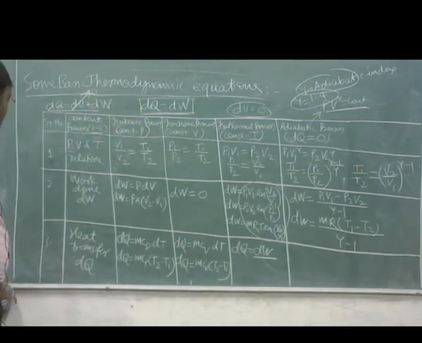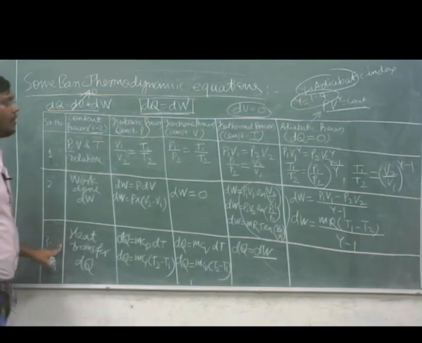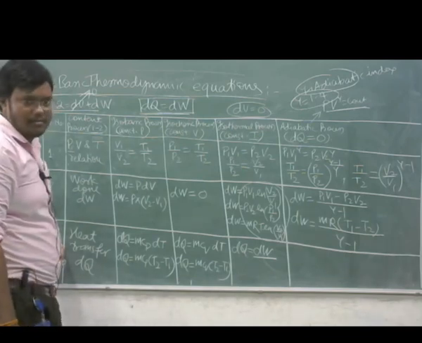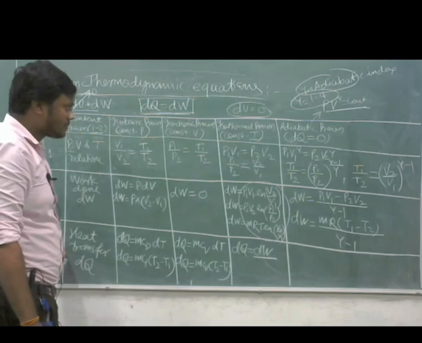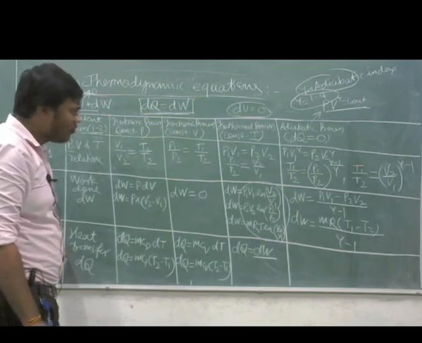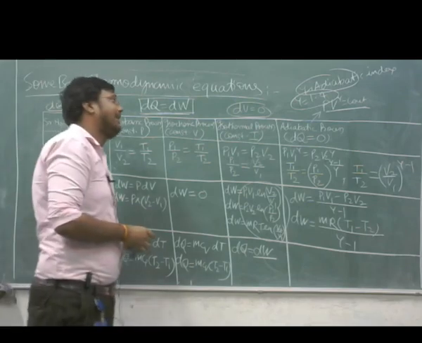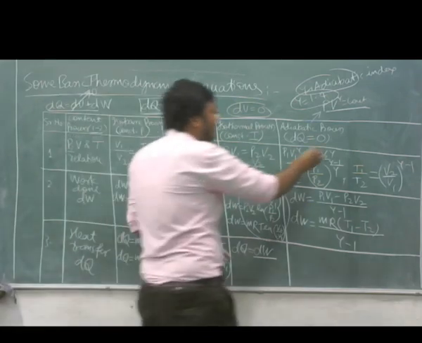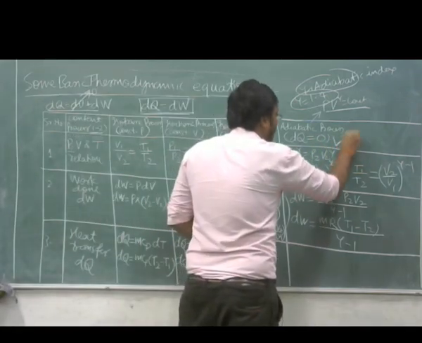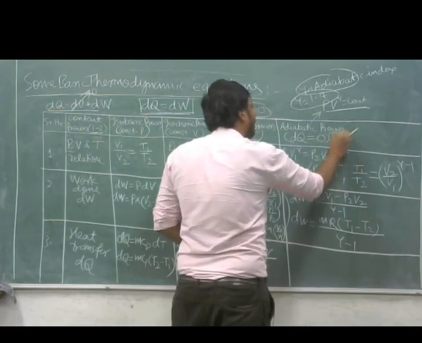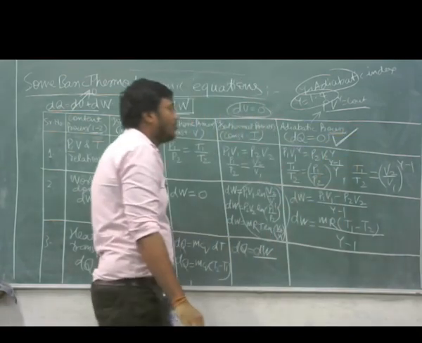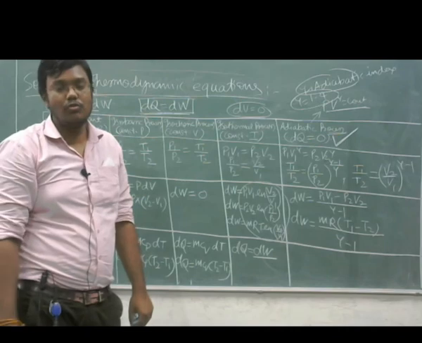Next one is heat transfer for adiabatic process. What will be the value of heat transfer for adiabatic process? This is the basic definition of adiabatic process: in adiabatic process, heat transfer is equal to 0.